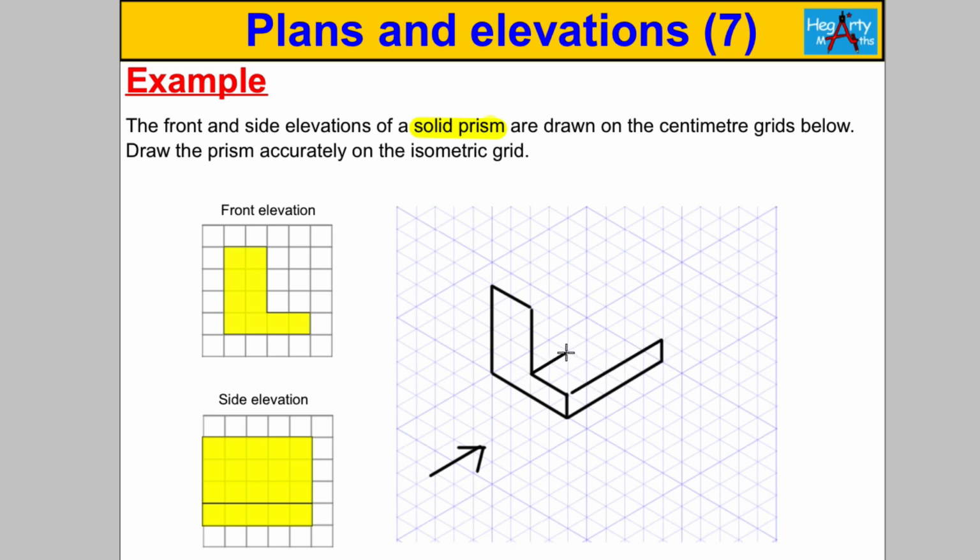And then we can just keep going, 5 each time. And joining all the dots together, we will get ourselves something that looks like that. And making it a bit neater, that's your final answer.